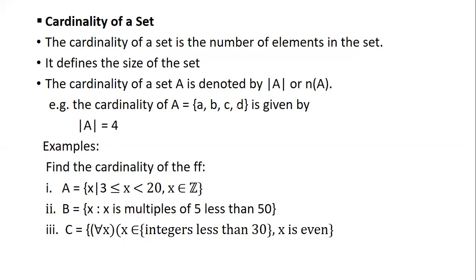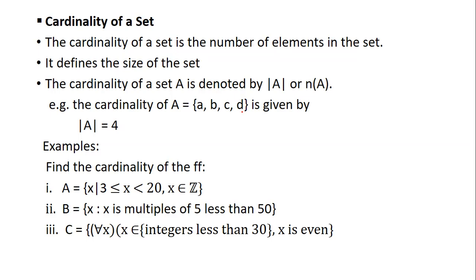How many are they? So, an example: set A is the set of A, B, C, D. When you count that, how many members do we have here? 4. Therefore, the cardinality of A is 4, because it has 4 members. Is that okay?